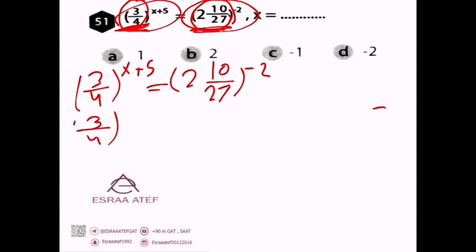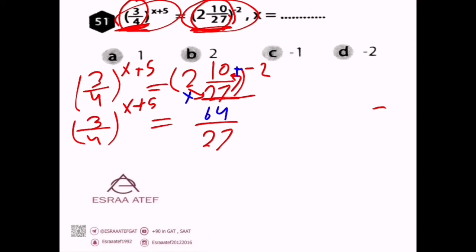First we will solve the second part, which is 2 times 27 plus 10, to make it a fraction. So in the down 27, and in the up it will be 2 times 27 plus 10. 2 times 27 is 54, and 54 plus 10 is 64, and all of it powered by negative 2.